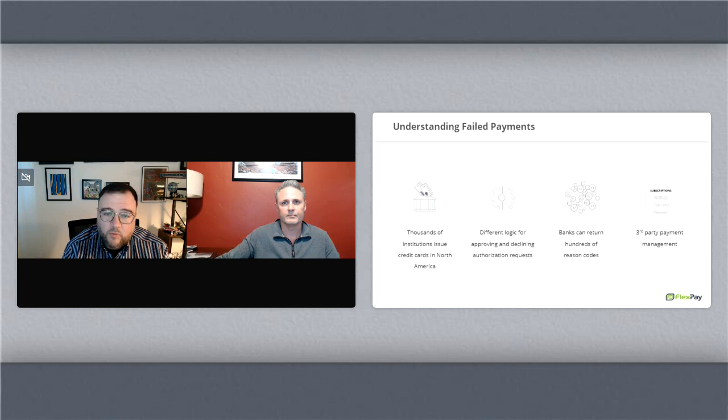They're the ones who ultimately hold the burden if a transaction is fraudulently passed. So they don't want to hold that. They don't want to be beholden to that money they have to pay out. So they're going to reject transactions because it doesn't fit into their logic. And each of these institutions has different logic for approving and declining these authorization requests.